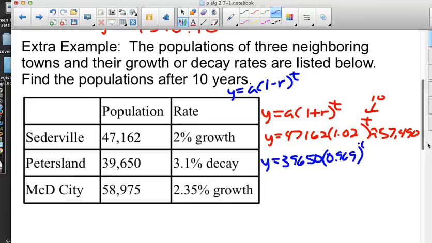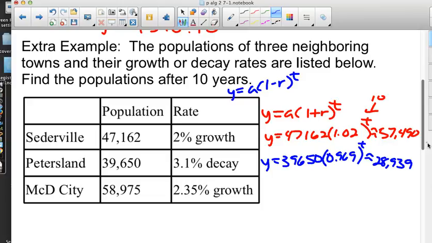And we want it to the 10th, but for the model, we'll just put a T right there. So let's see, 39,650 times 0.969 to the 10th is 28,939 people. Ooh, they're going to be hurting. Look at that. They're losing more than 10,000 people.